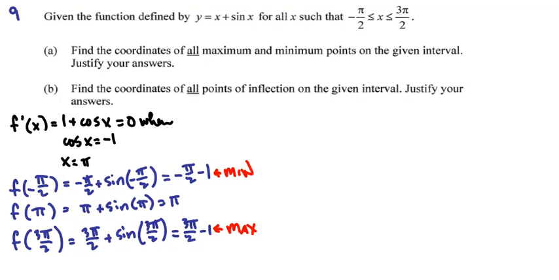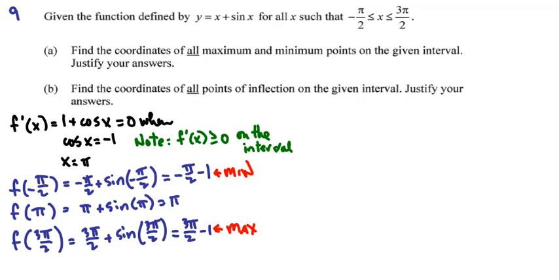So the derivative is always greater than or equal to 0, which means that the original function has to always be increasing. It may be stationary at some point, as at x equals pi, but aside from that it's always increasing.